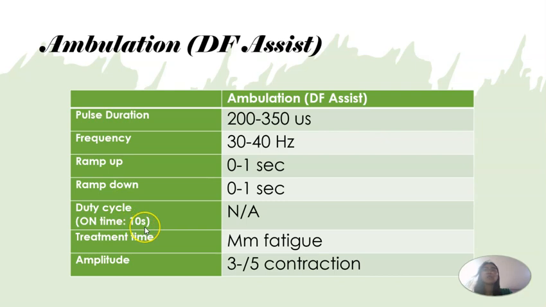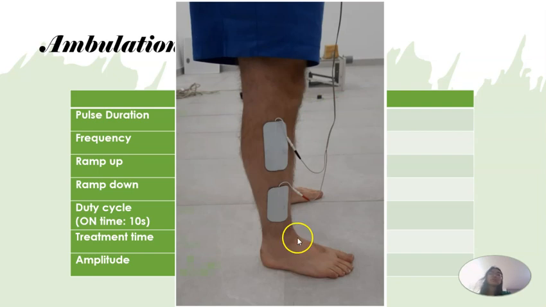With this one, another thing to note, amplitude 3 over 5 contraction, ibig sabihin, at least half of the ROM ng motion ng dorsiflexion with the help of the ES. Another thing to note here, very important ang correct electrode placement natin.